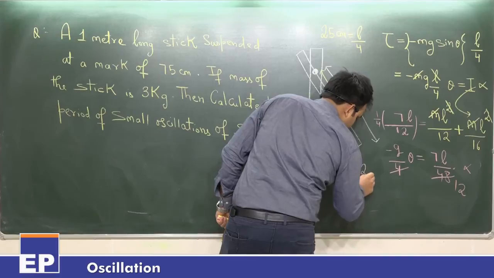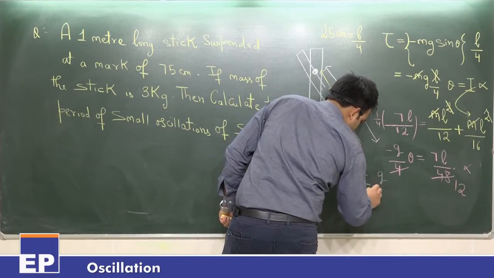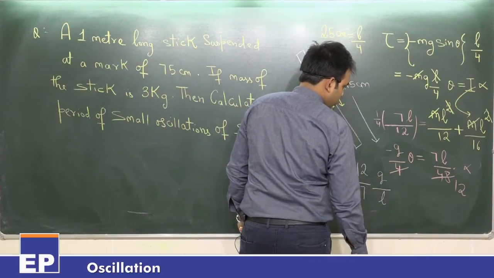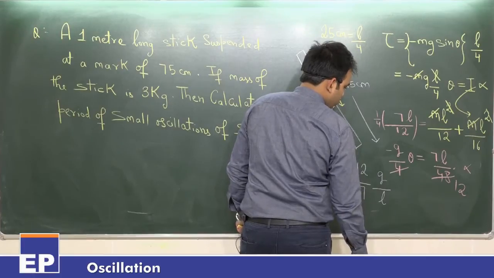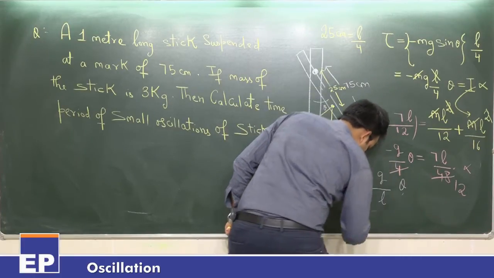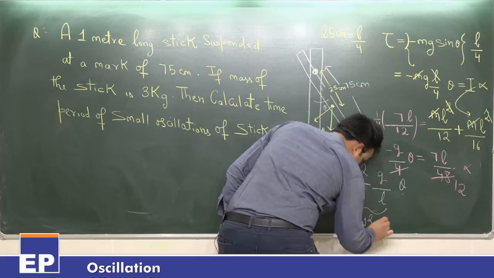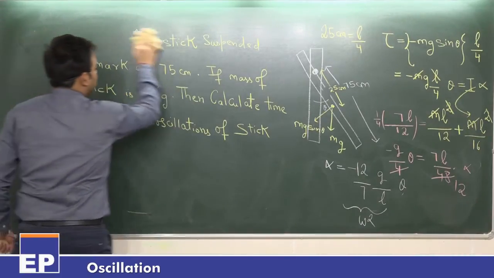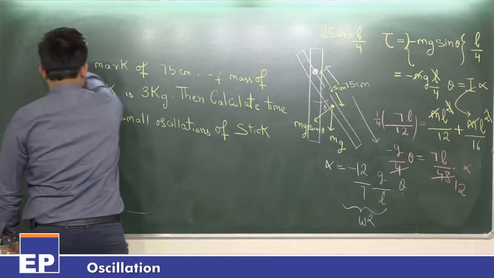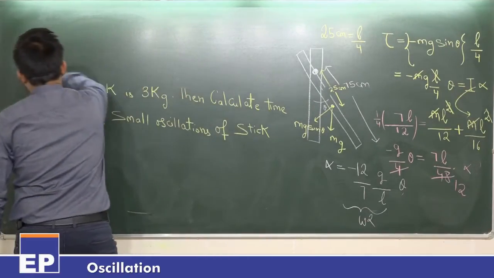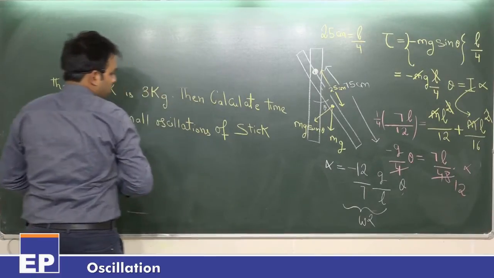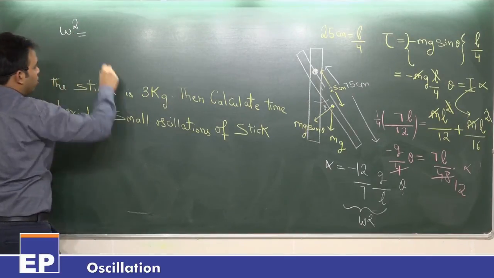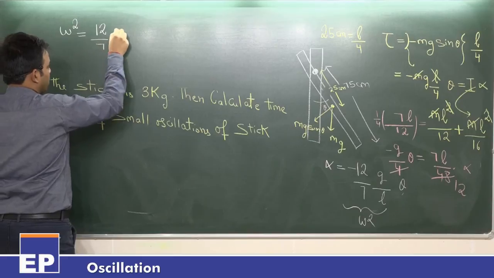Minus 12 by 7 g by L into theta. You can call it as omega square. If omega square is this, so what is omega? Omega square is 12 by 7 into g by L.